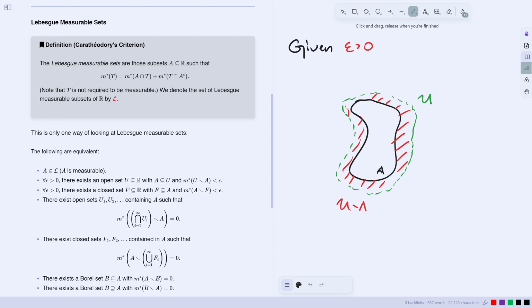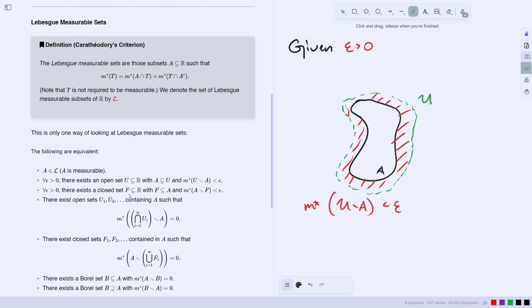That's U take away A. The Lebesgue outer measure of that is less than epsilon. No matter how small epsilon is, I can find an open set U containing A that approximates A within a tolerance of epsilon, with a Lebesgue outer measure of the difference smaller than epsilon.